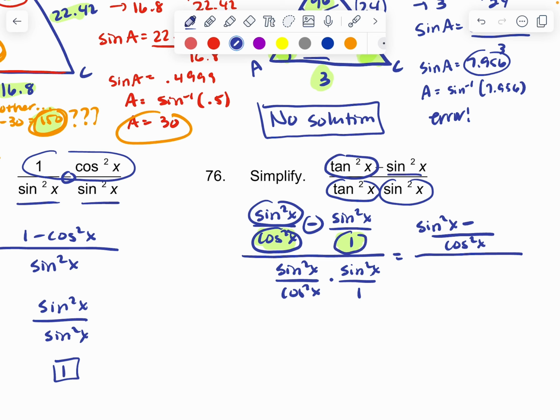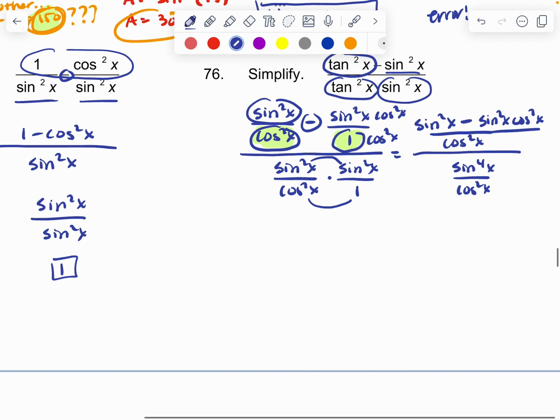Now, this one needs to be a cosine squared, so I need to multiply them both by cosine squared. So on the top there, I have sine squared x cosine squared x. And then it's all being divided by, let's multiply these out, sine to the 4th x all over cosine squared x. So I've got myself kind of a mess here.